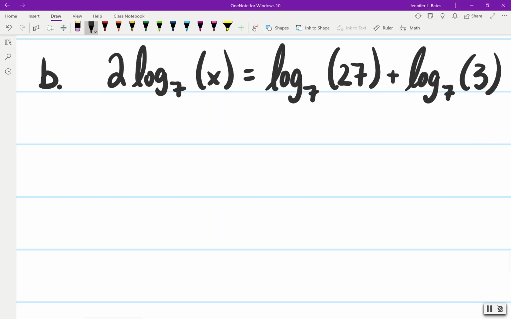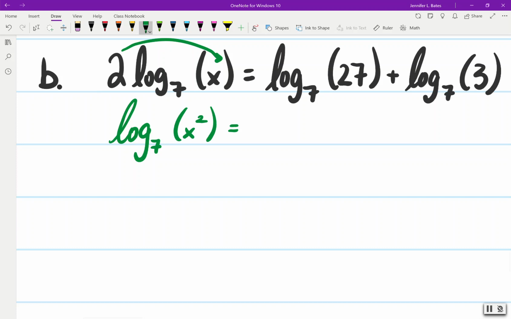The very first thing we want to do on this problem is condense both sides. So if I want to condense the left, I've got to move the 2 back as an exponent. That's log property number 3, which says I'm allowed to take this 2 and move it back as an exponent. So this is log base 7 of x squared.